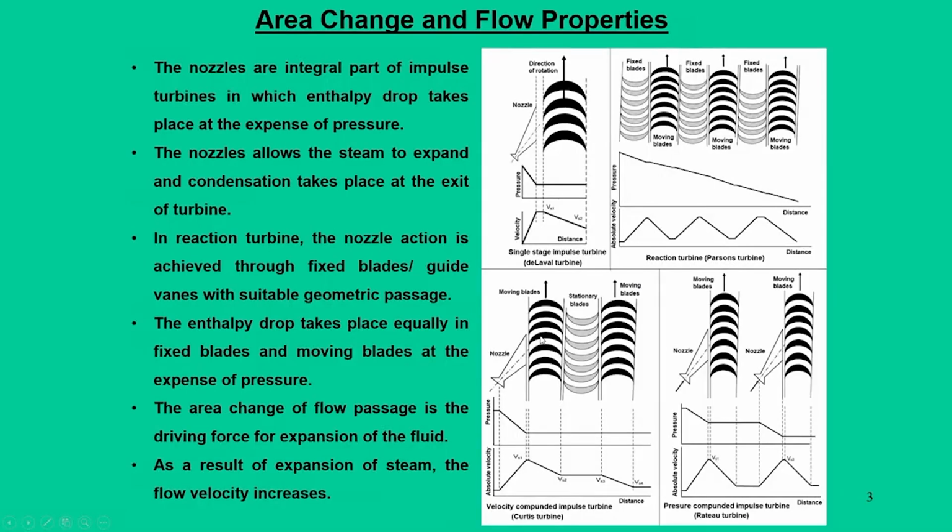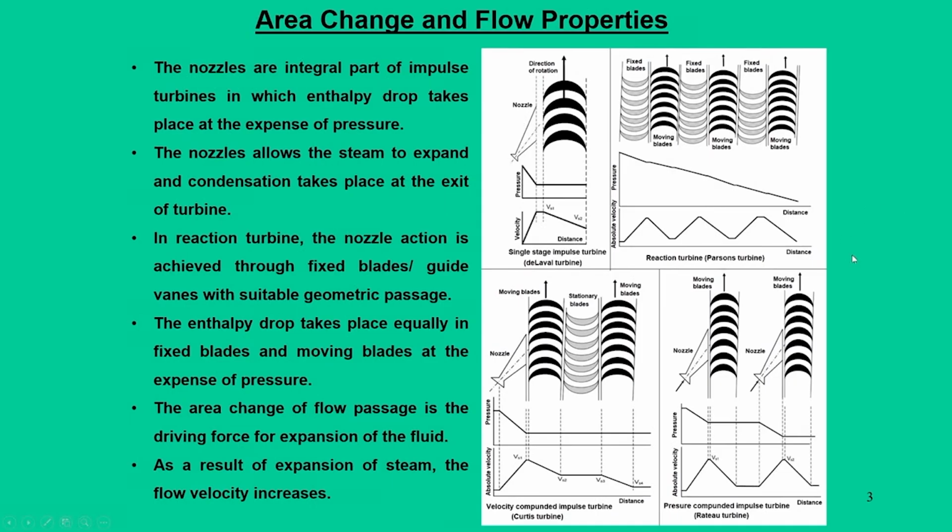So, let us try to understand the effect of area change on the flow properties. Ideally speaking, we are talking about the area change with respect to nozzles. In our previous studies, when we dealt with impulse and reaction turbines, we have seen that nozzles are integral components.